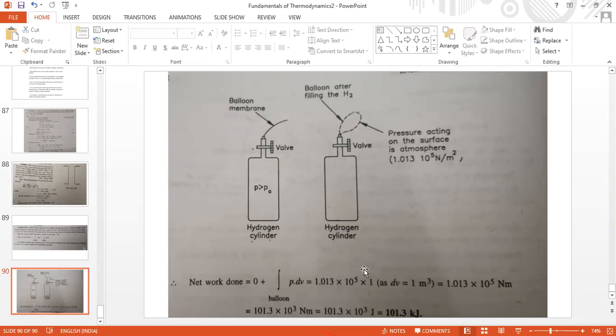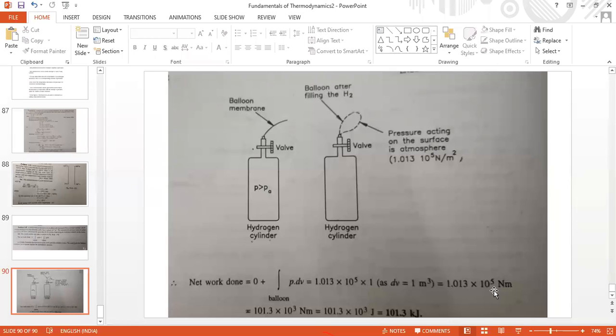So in this way, these are all simple mathematical problems. The network done is here, of course, in Newton meter. You can stop at this point, for example, 1.013 into 10 power 5 Newton meter.